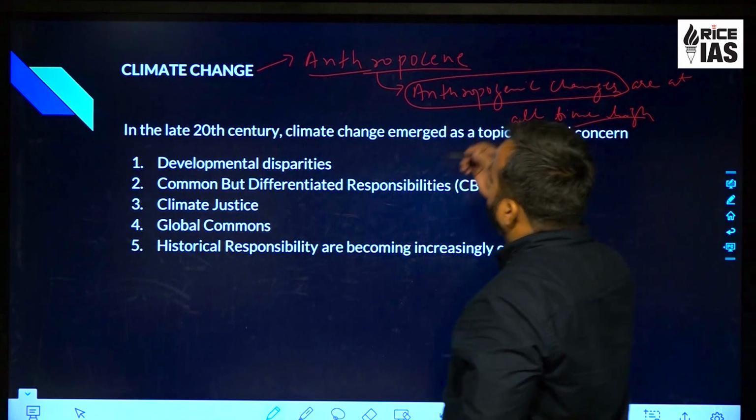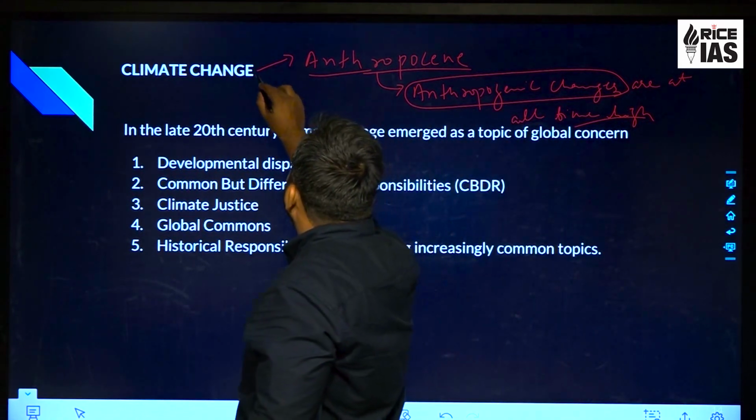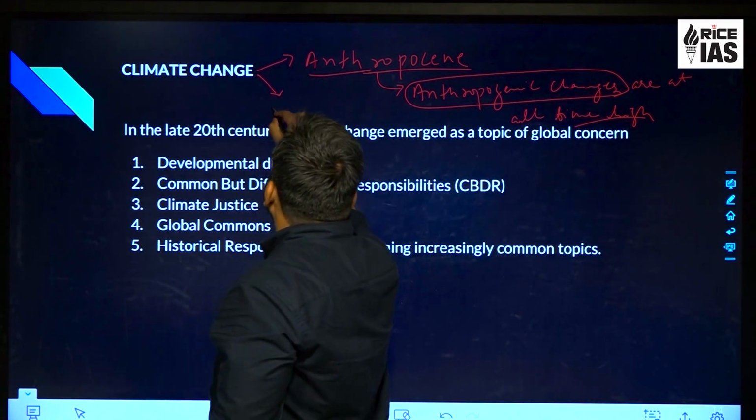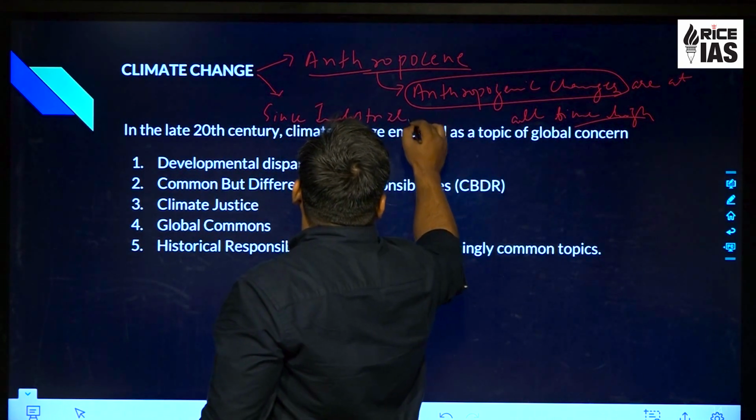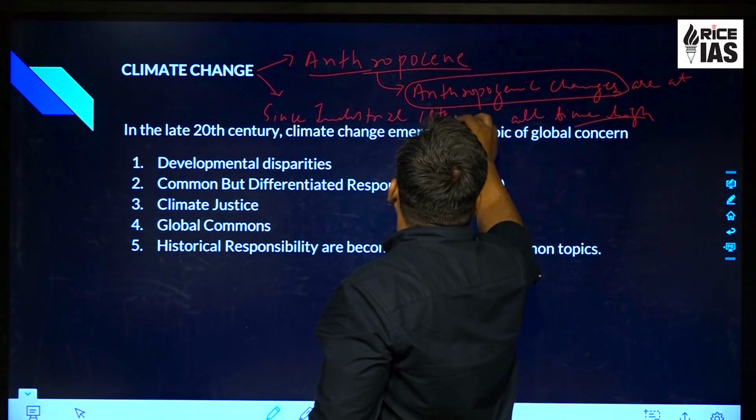It is said to originate since the industrial revolution in the 18th century.